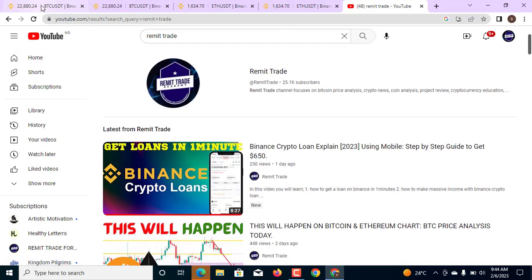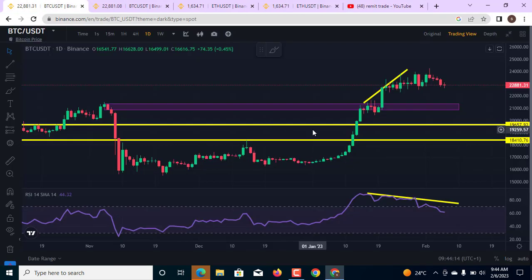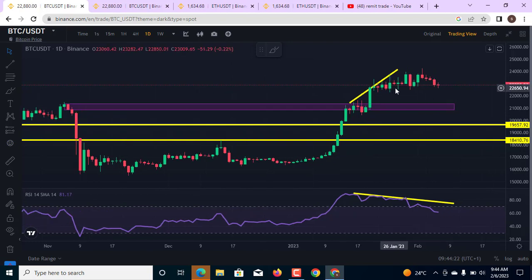On the BTC USD one-day chart, if you've been watching my videos, I was talking about this very divergence on the RSI and on the chart right here. This is a bearish divergence, and it signifies reduced momentum to the upside. Anytime you see bearish divergence in an uptrend, it means the market is going to pause soon or immediately for the bears to take control of the market to the downside.